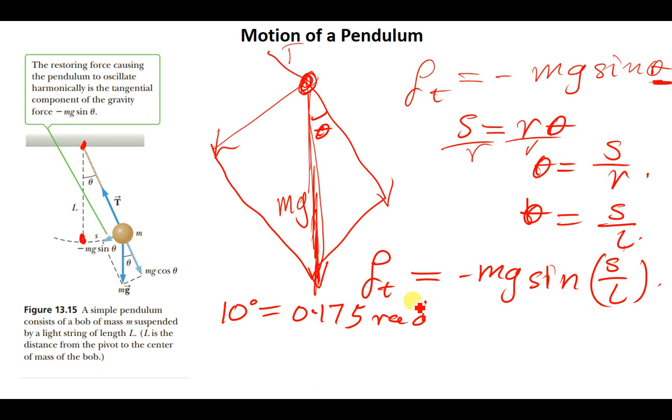And then when you find sine 10 degrees, this is also going to give you something similar, which is just 0.174. So when you look at these two numbers, they are approximately equal.